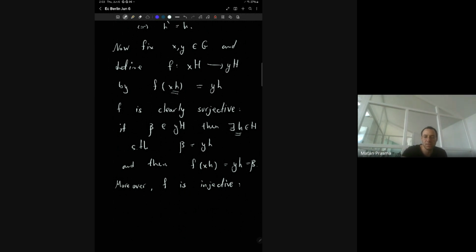I take two elements in the domain set, two elements that are different, and I need to show that f maps them to different outputs, different elements in the target. Let's say alpha and alpha prime in the domain, with alpha being xh and alpha prime being xh prime.